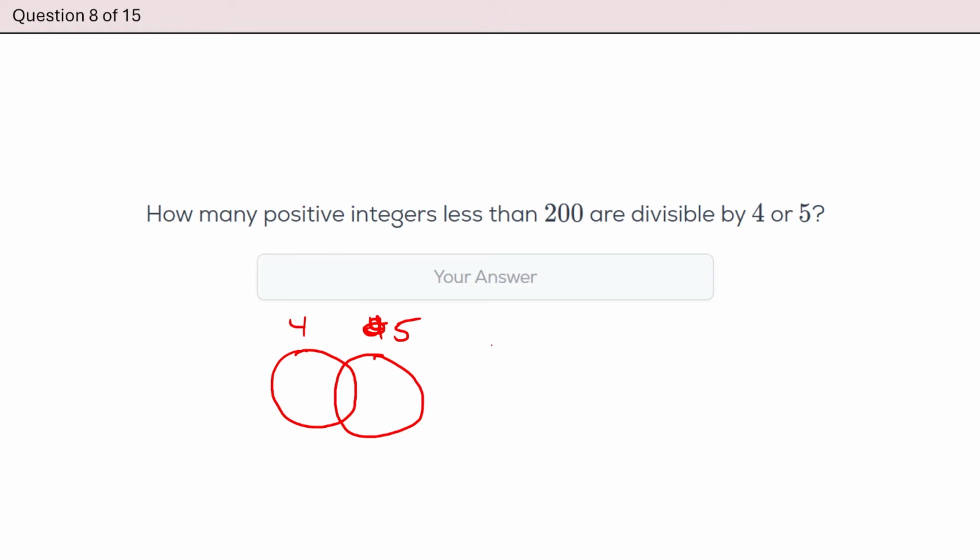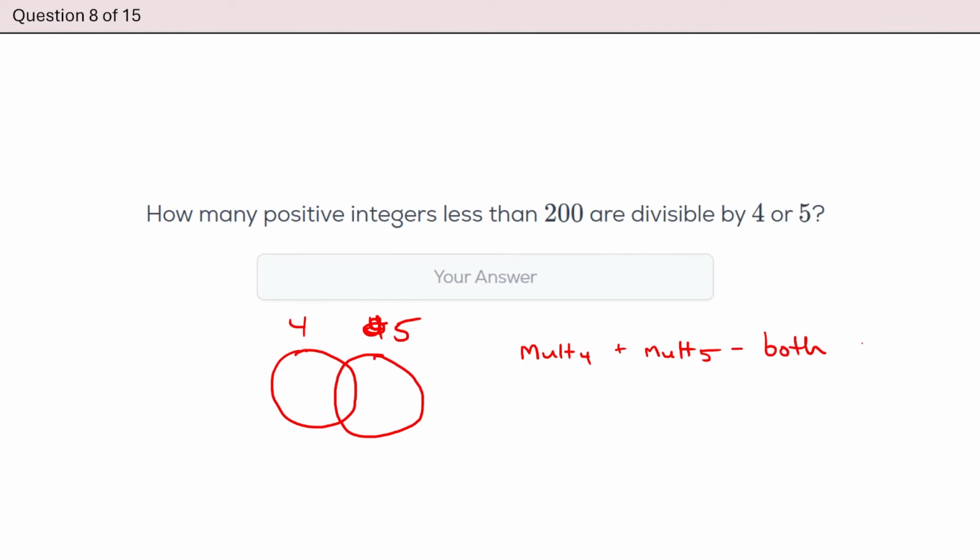So what we need to do to find the answer is add the multiples of 4, however many there are, to the multiples of 5, however many there are, and we need to subtract out how many multiples of both there are.